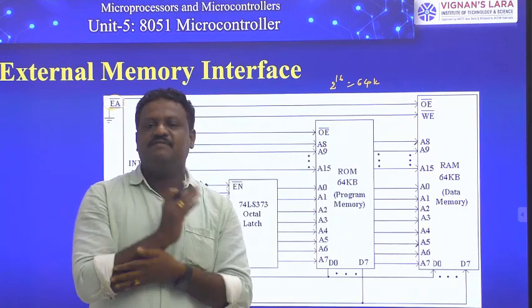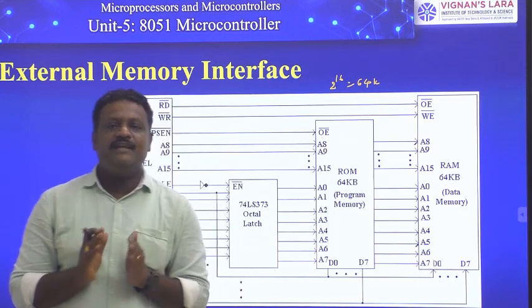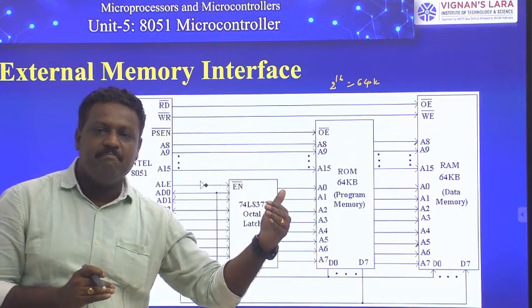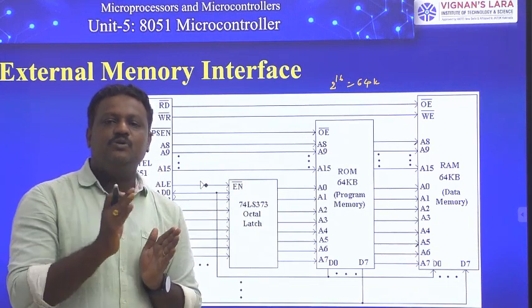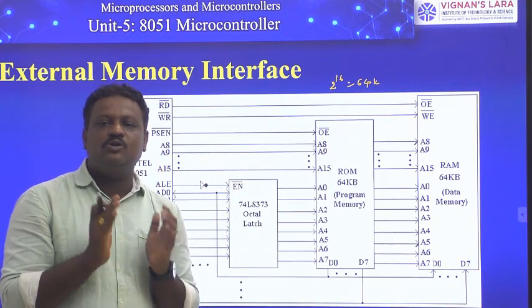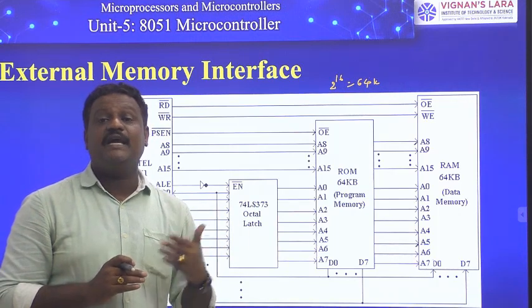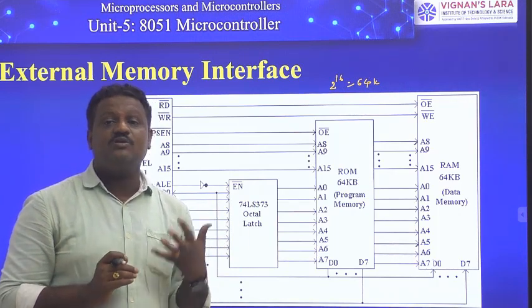In our 8051, you may identify that the dedicated higher order 8 address lines, that is A8 to A15, we are getting from port 2. The port 2 signals have an alternate function: they act as the dedicated higher order 8 address lines A8 to A15.